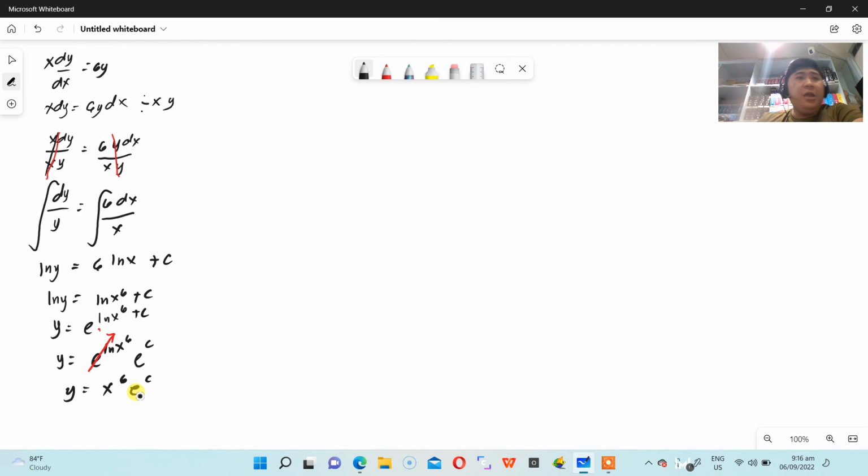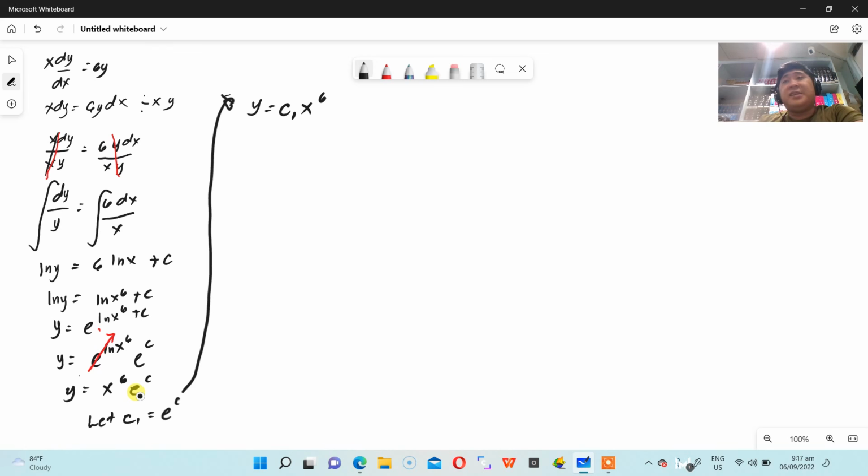Therefore, e raised to the power of c is equated to c sub 1, so c sub 1 equals e raised to the power of c. Therefore, your y is equivalent to c sub 1 times x raised to the power of 6. Although it is c sub 1, it's still c. We just represent it so that we will know that this is the second c that holds e raised to the power of c. Therefore, the answer is this.